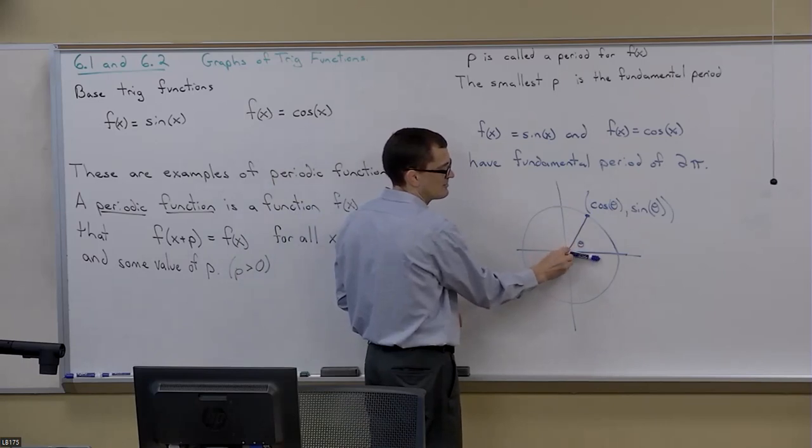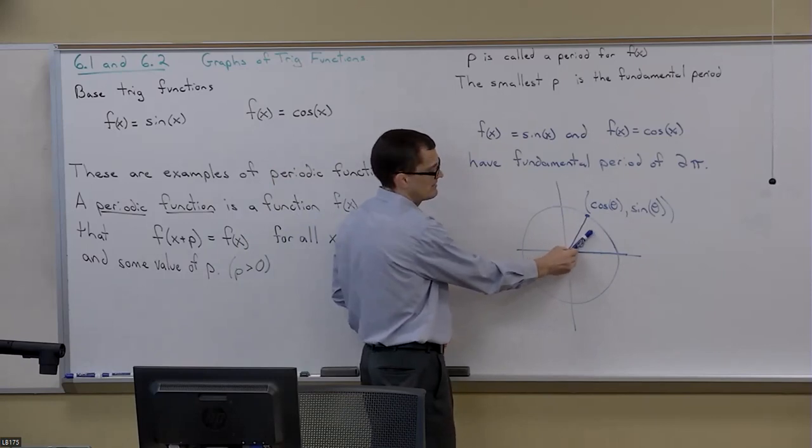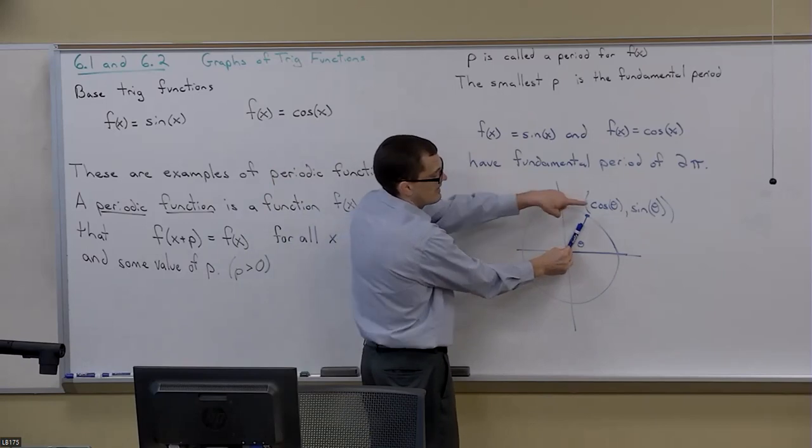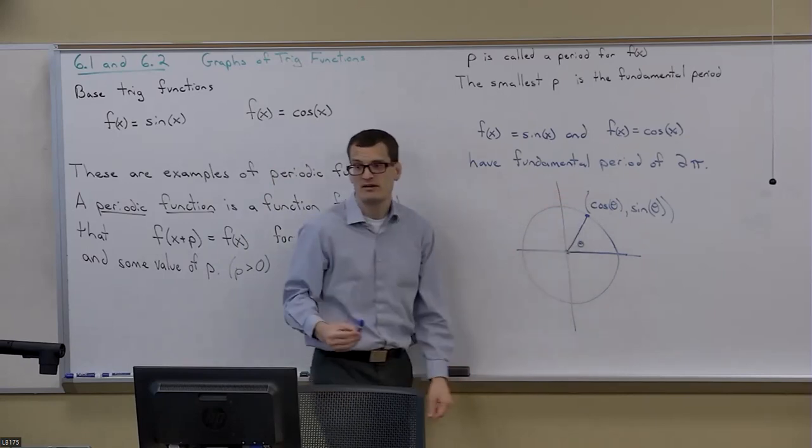As I add 2 pi, I go all the way around the circle, and I'm back to that same point.